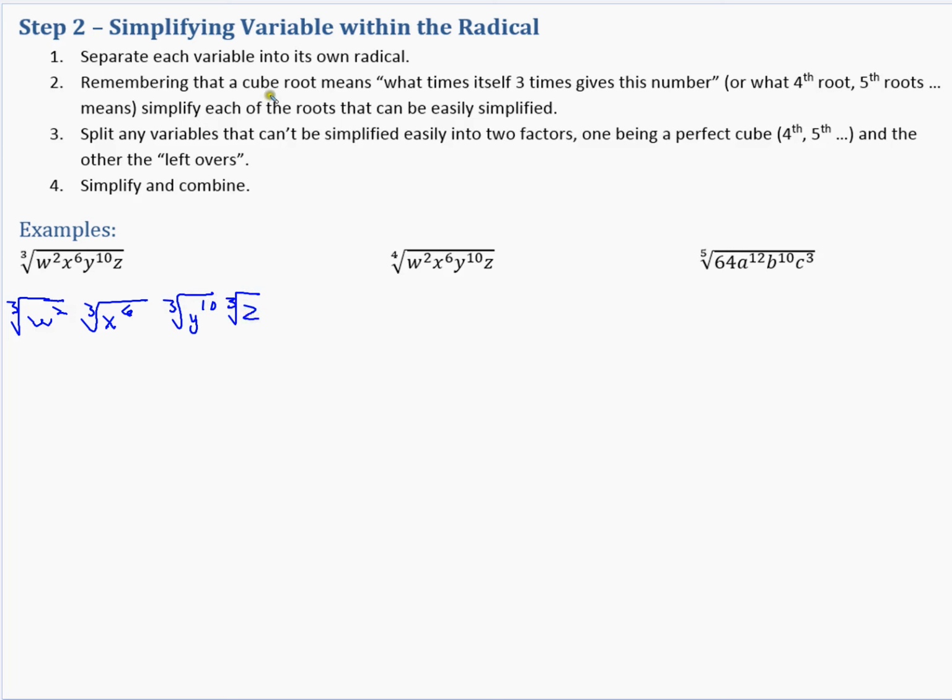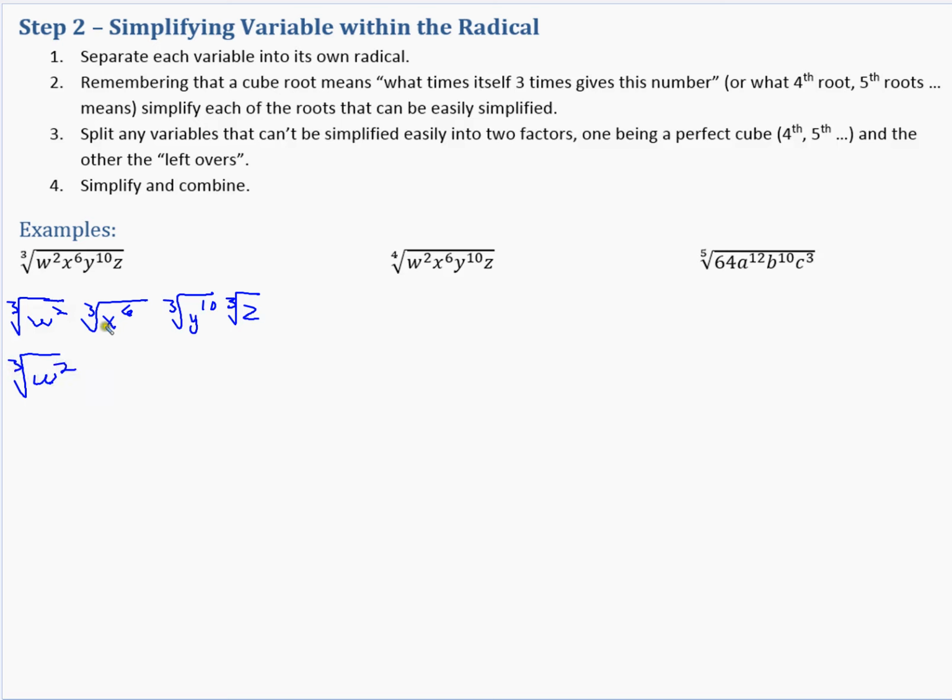Now, remembering what a perfect cube means, it means what multiplied by itself 3 times gives this number. So is there anything that multiplies by itself 3 times to give us w squared? Well, no, we can't do anything there. So this is just the cubed root of w squared still.